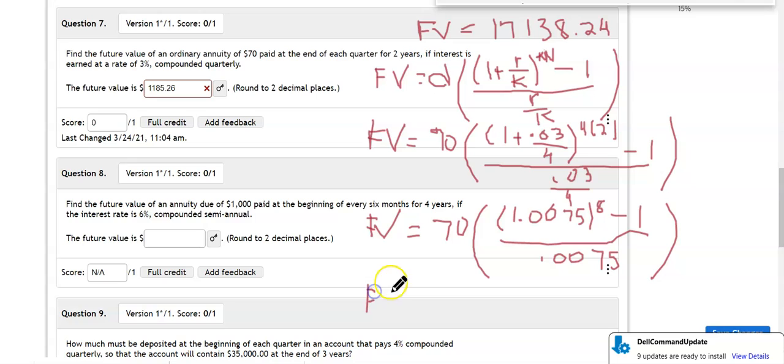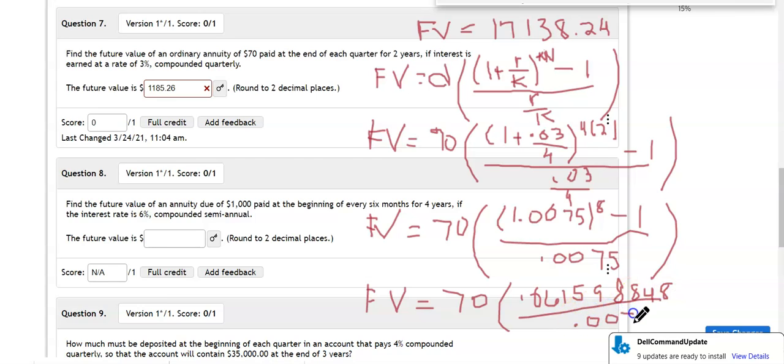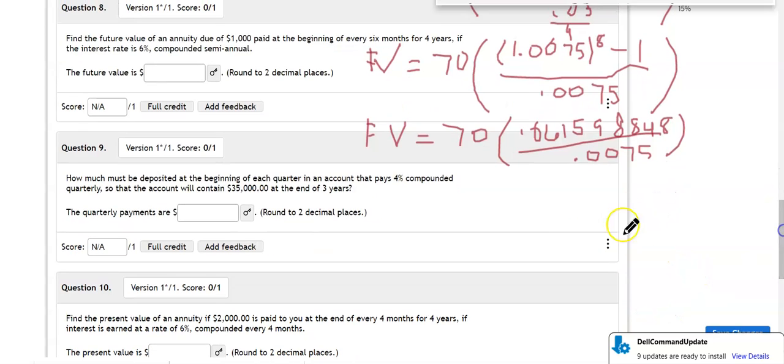When I do that, I get 0.061598848. Now I can actually do the rest of this in one step.